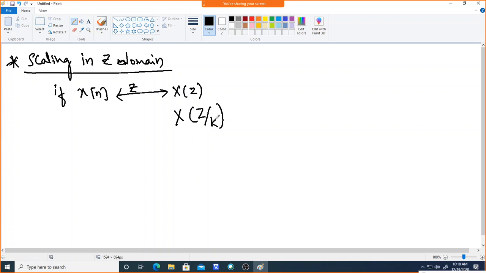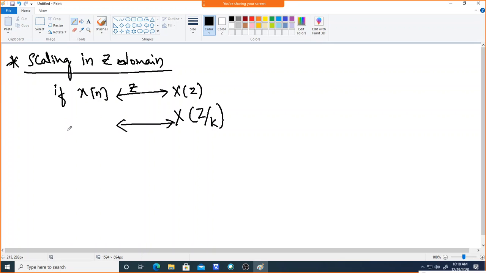Now what is the corresponding time domain signal? If we scale by the value k in z domain, what is the corresponding signal in time domain? That we need to know.